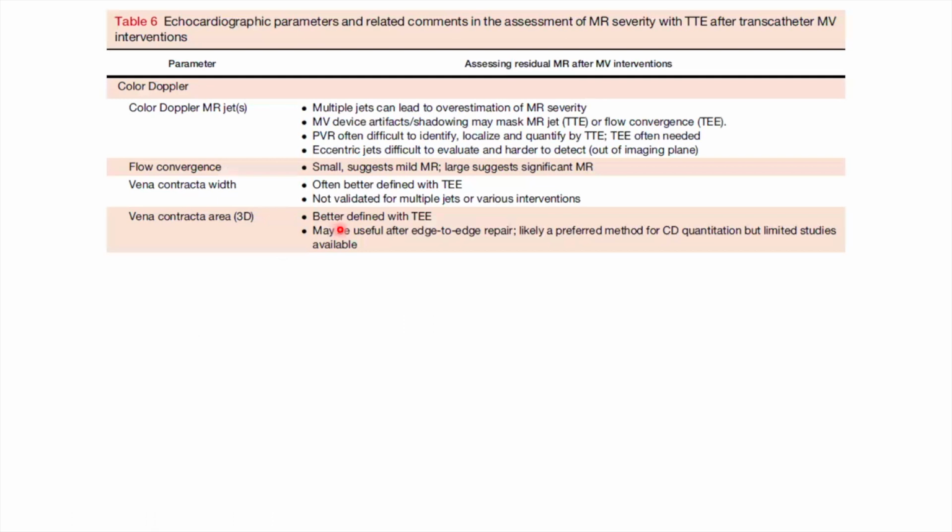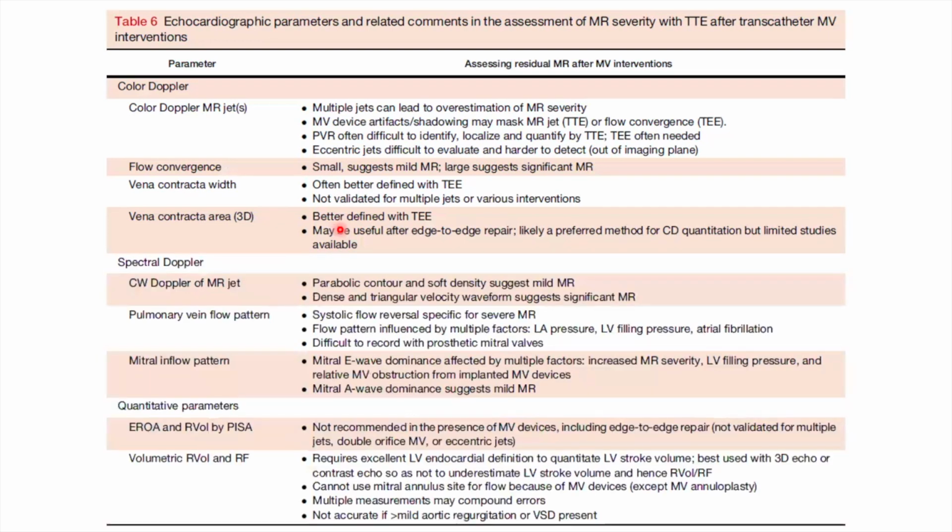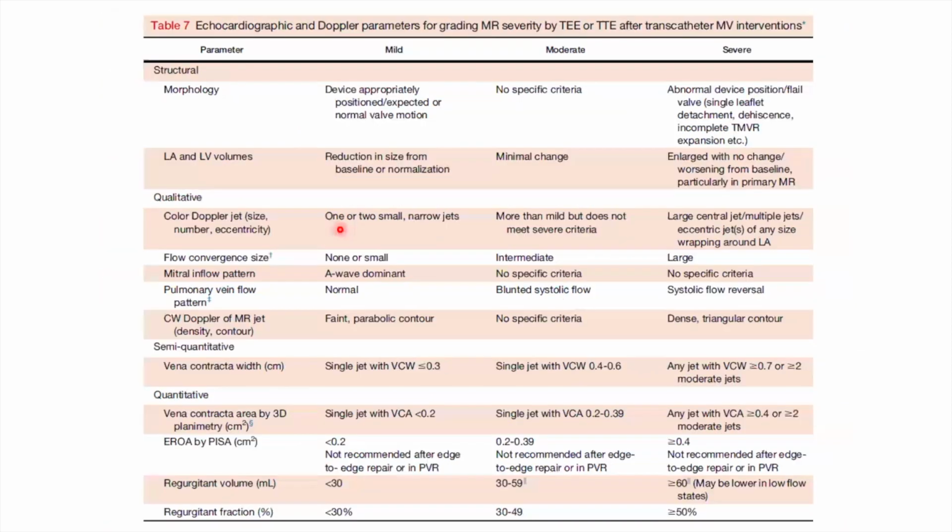So the guidelines go through these: color Doppler, spectral Doppler, and quantitative parameters, and list some of their limitations to assessment. There are some areas where they're quite applicable, but there are, as you can see, quite a few limitations, as I've highlighted as well.